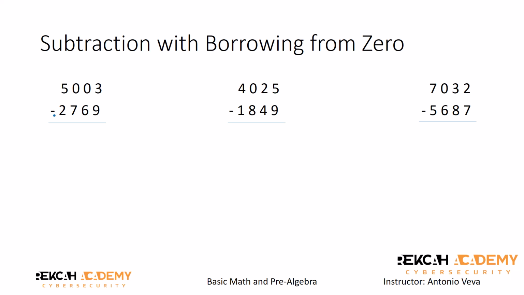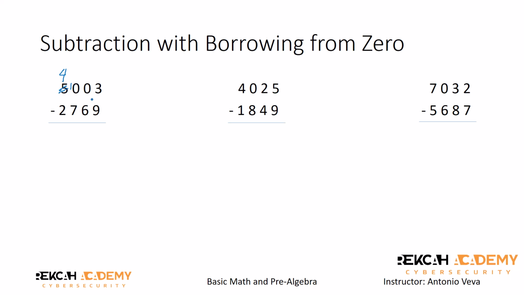So we have to turn the 5 into 4 and make the 0 into a 10. How are we going to do that? It's very simple. Let's strike this number 5. The 5 becomes 4, and the one we borrowed from the thousands place, we place in front of the number 0.